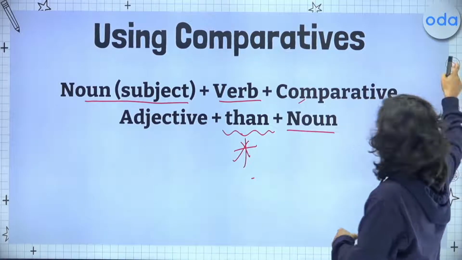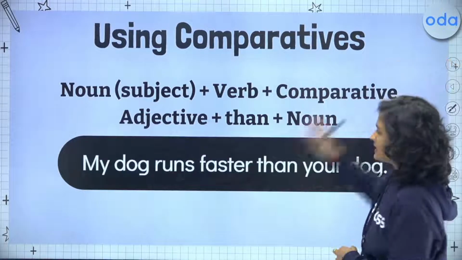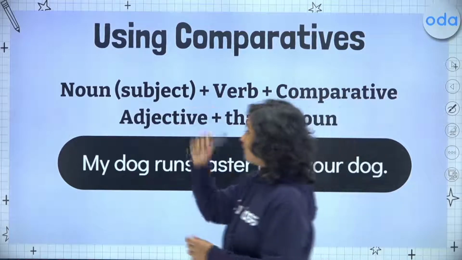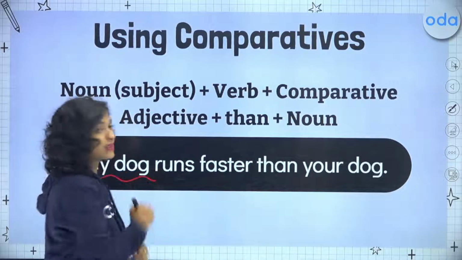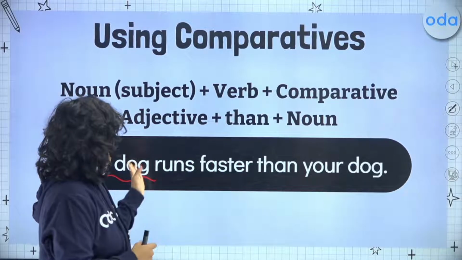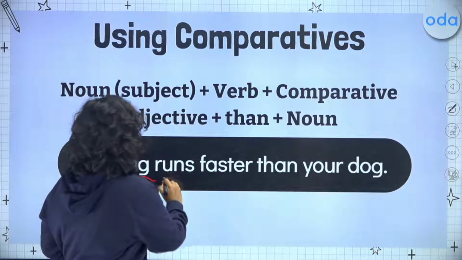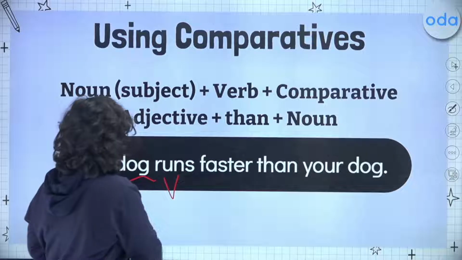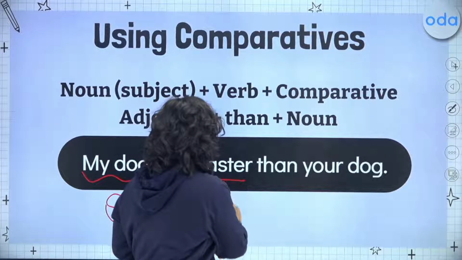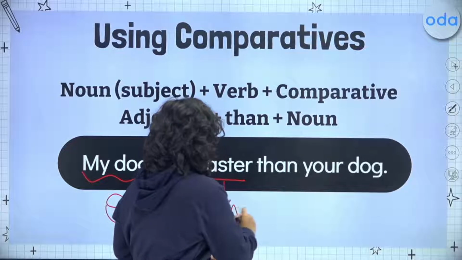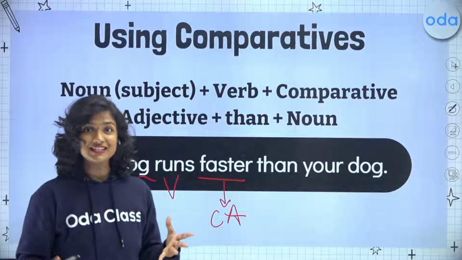So let's take an example to once again clarify this formula that we have. Firstly, we have our subject, right? My dog. My dog runs. So we have our subject here, we have our verb here, then we have our comparative adjective, which is faster.